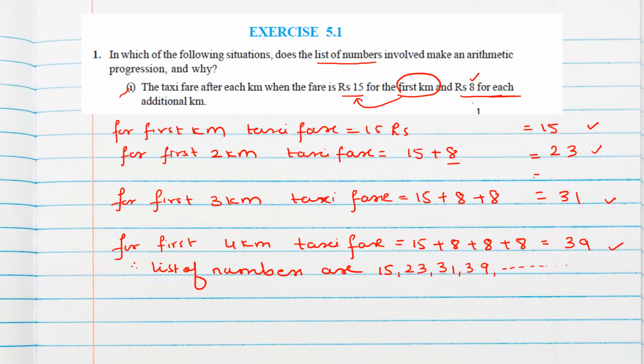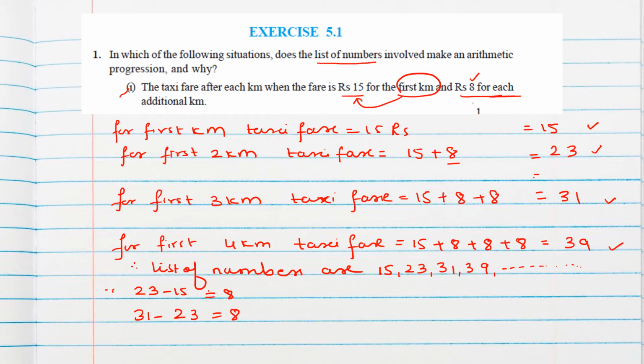Okay. So now how to find whether it makes an arithmetic progression or not. We can check the common difference. Common difference should be the same. Okay. So 23 minus 15, that is second term minus first term, gives 8. Third term minus second term gives 8.